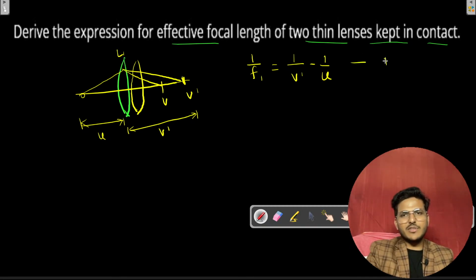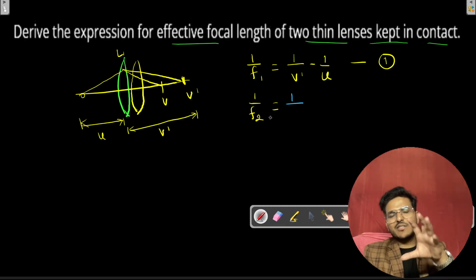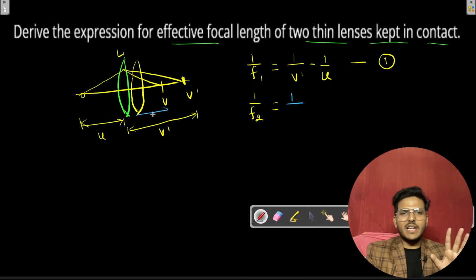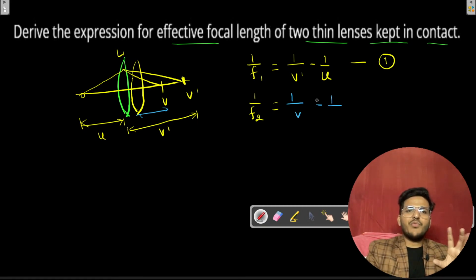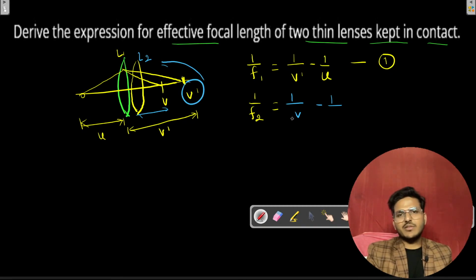This is equation number first. What about 1 upon F2? See, the image of your first lens is treated as the object for your second lens. So the final image is V, 1 upon V minus. What about U for the second lens? See, for L2, this V dash is treated as the distance of the object. So this is called V dash. This is equation number second.